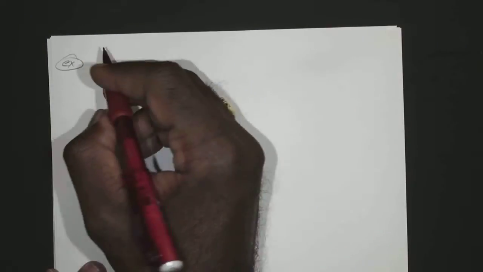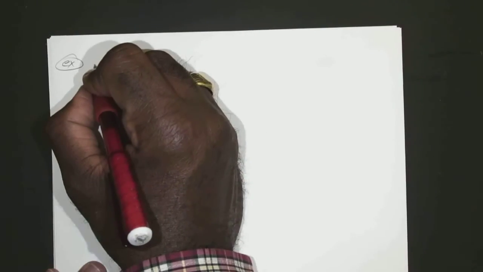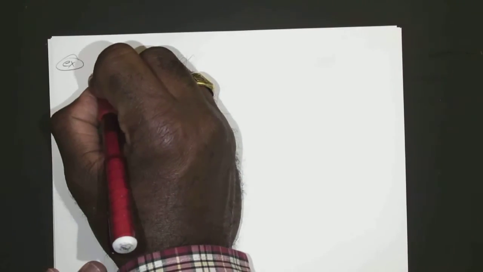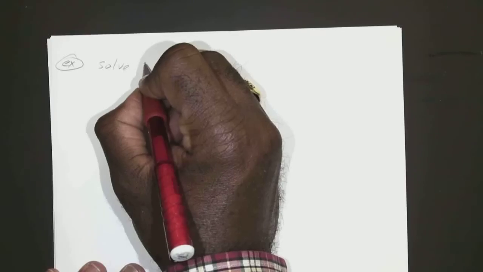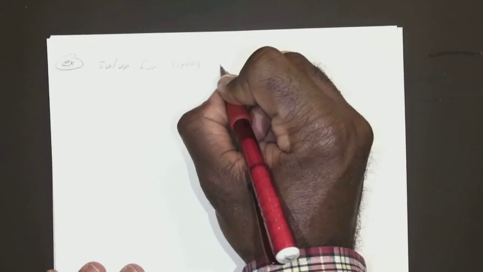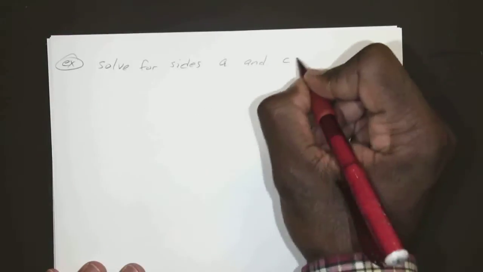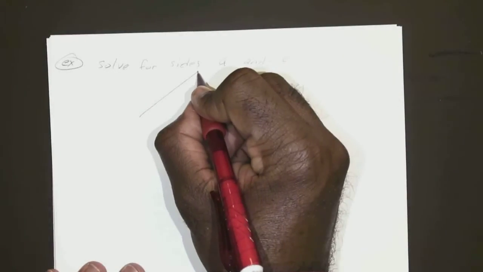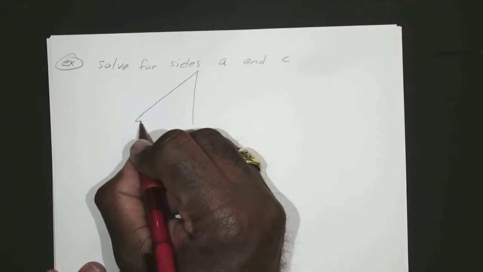Okay, so let's say we have to solve for sides A and C for this right triangle here.